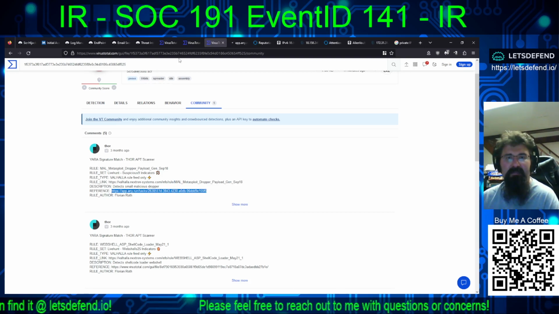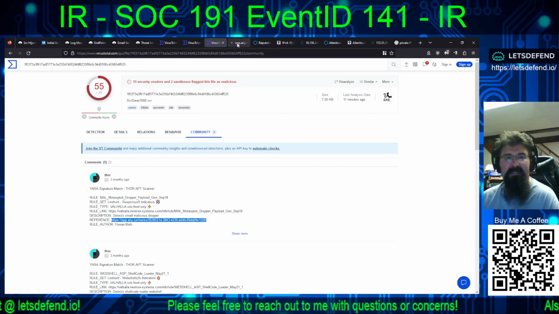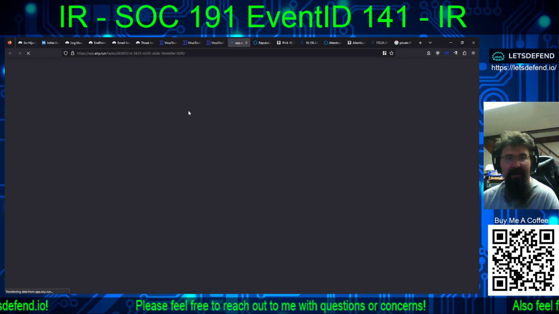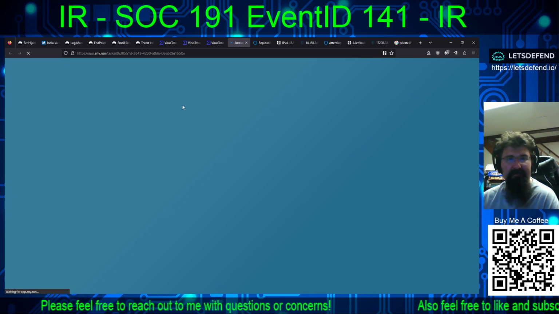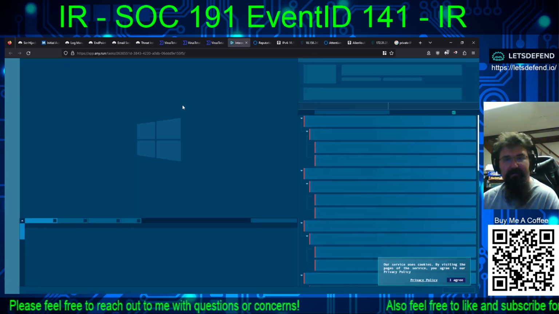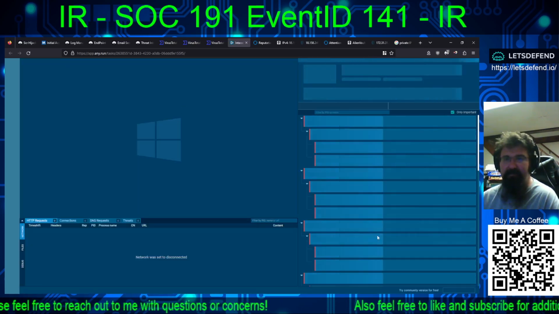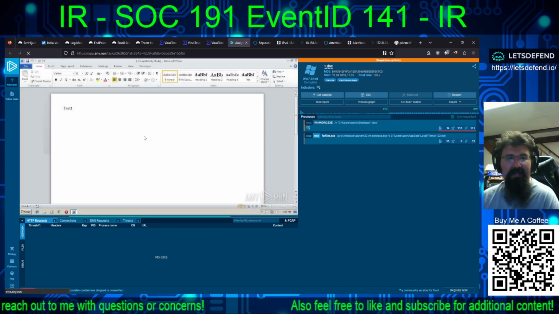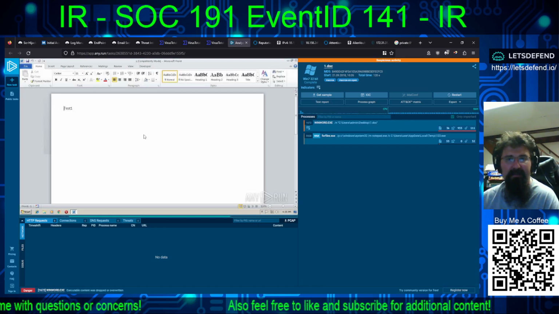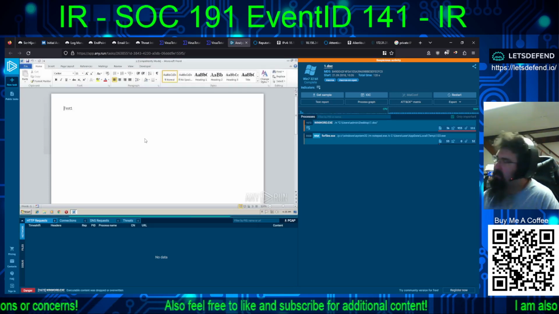Open it up in a new tab, please. And we'll take a look to see what the file hash is once the analysis loads. Yeah, it may not be signed in. One dot doc. That's not a PowerShell script.